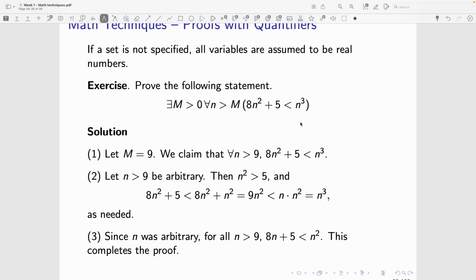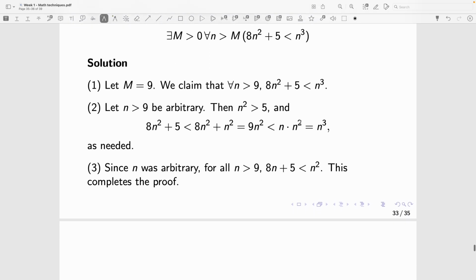For this one, we're going to use a similar trick. It's just going to be a bit more complicated. We have this inequality that we want to be true, and we just need to find a value of m such that for all n greater than that m, the inequality holds.